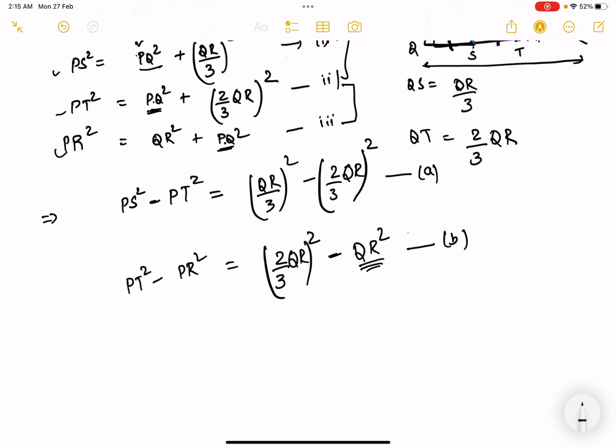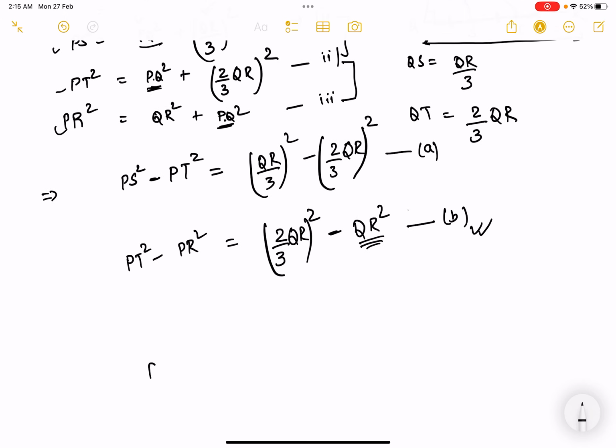We'll substitute the value of QR in equation B. So we have PT square minus PR square is equal to QR square taken common, and we are left with 2 by 3 whole square minus 1.